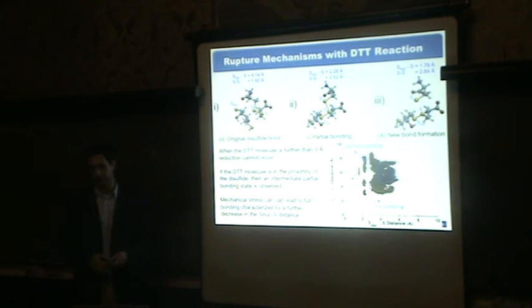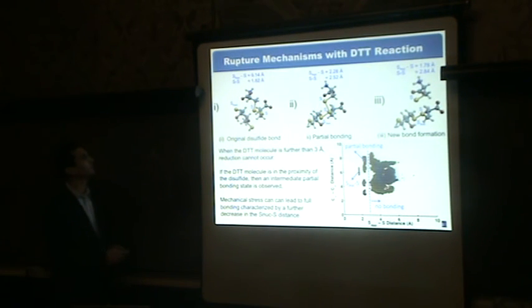Then we looked at some of the reaction mechanisms with dithiazolidine, which is one of the most commonly used reducing agents. Qualitatively, we get good agreement with the experiments, in the sense that when you have an attacking bond, you have a partial state where the sulfur bonds into the original bond, and the original bond breaks, and you have what we call disulfide shuffling. So bonds are shuffling.